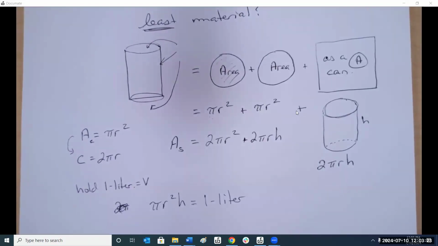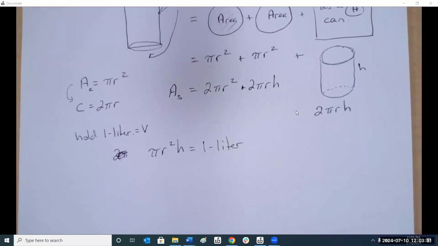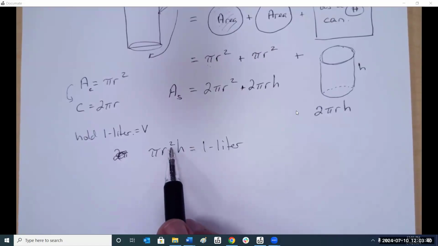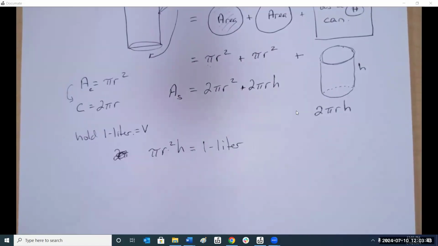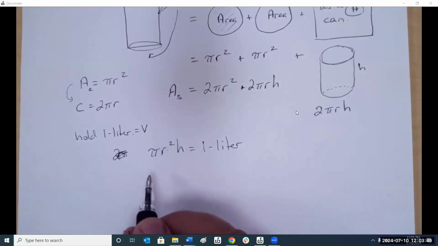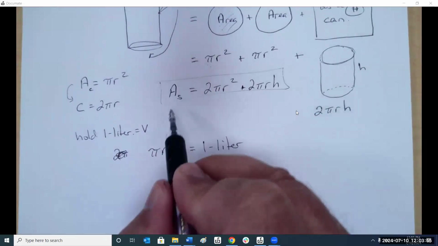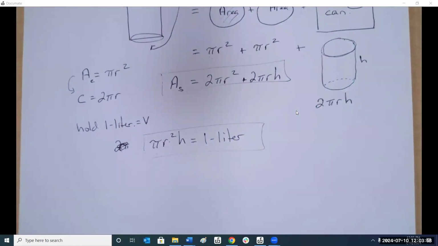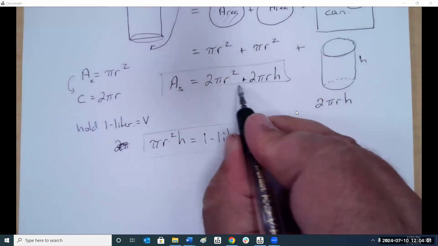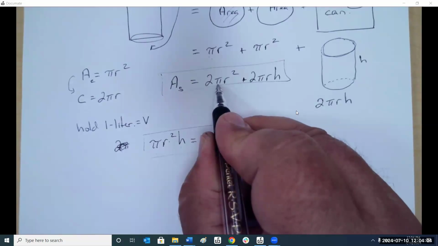Does it matter what kind of units we use? Not really. We could use 1 liter, 10 deciliters, 100 centiliters. So we're going to use 1 liter. All right, so we know this. How do we relate this to this? What is h? The only thing we don't know here is h. Pi is the constant.